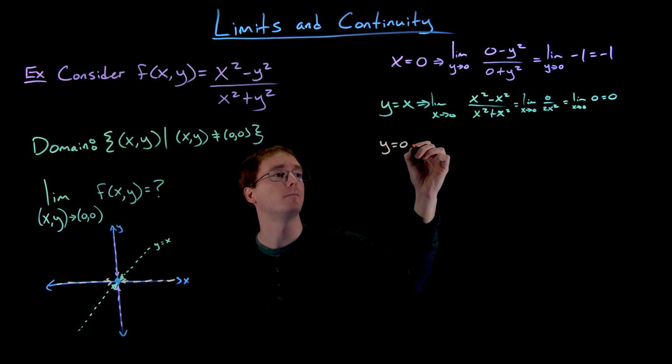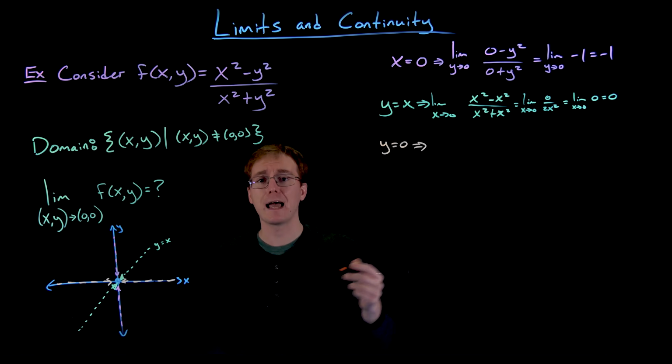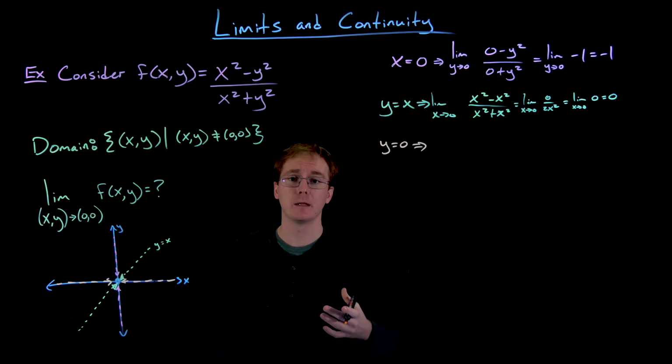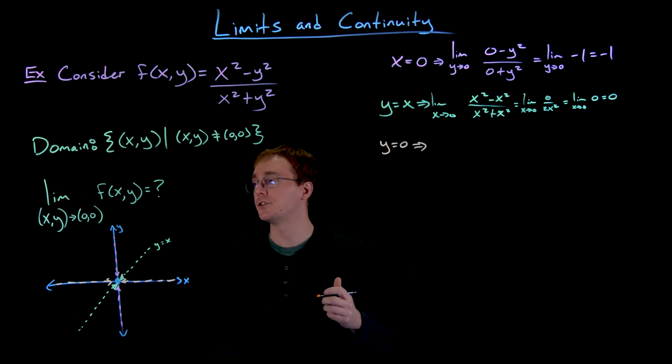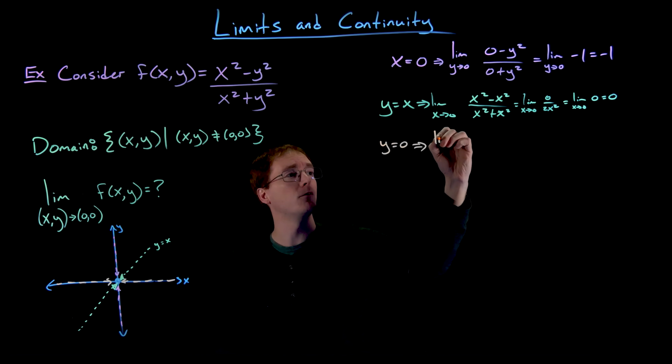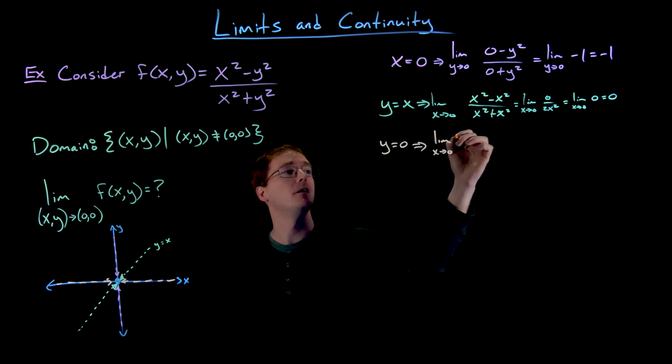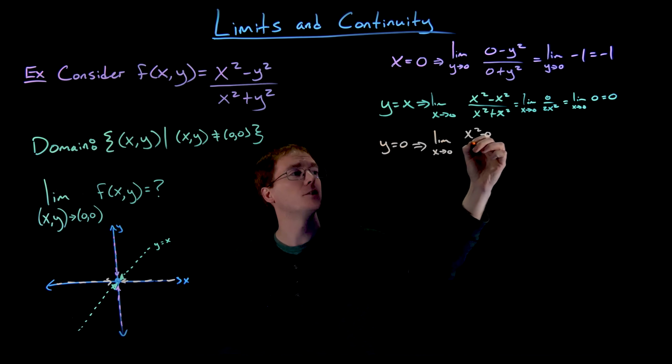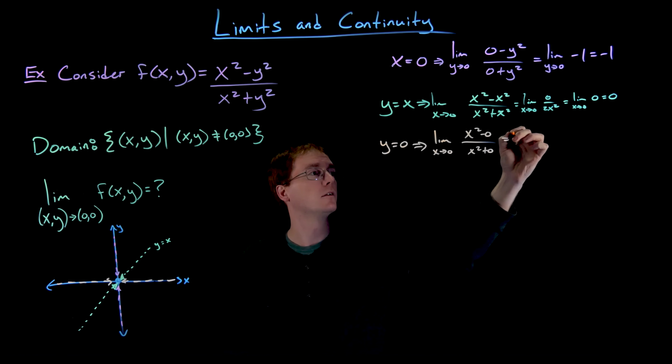equal to 0. And so what happens to our multivariable limit if we start by setting y equal to 0? Then it turns into a single variable limit, the limit as x approaches 0 of (x squared minus 0) over (x squared plus 0).